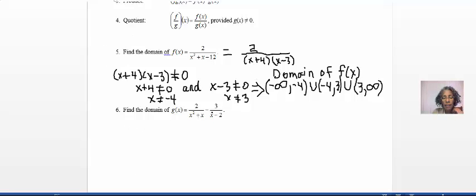Here I have a subtraction of functions, and I am going to intersect the domains of these functions. In other words, I want all the numbers that make x squared plus 1 non-zero and x minus 2 non-zero.